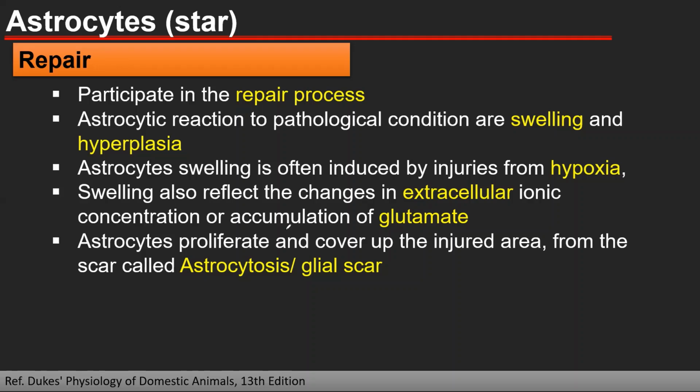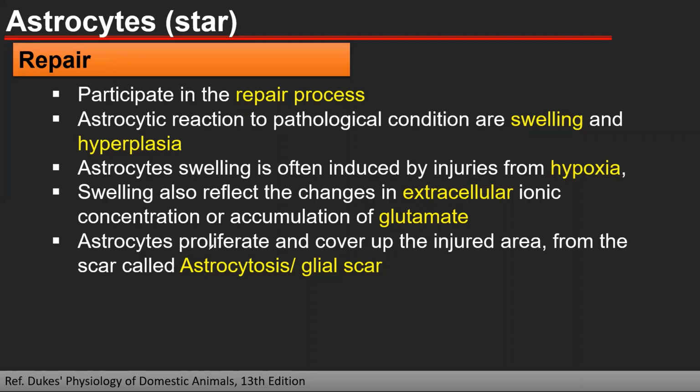If they accumulate more than the physiological level, for example glutamate, the neuron cannot function properly. So astrocytes remove the toxic substances or maintain the ionic concentration of the extracellular fluid for neuronal functioning.